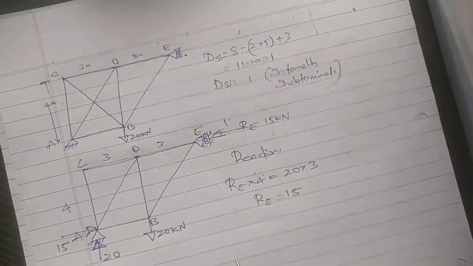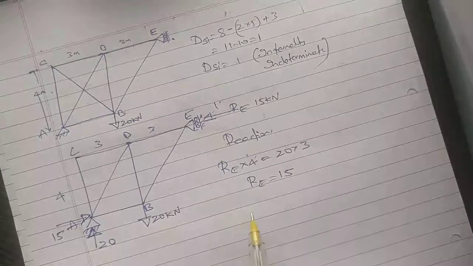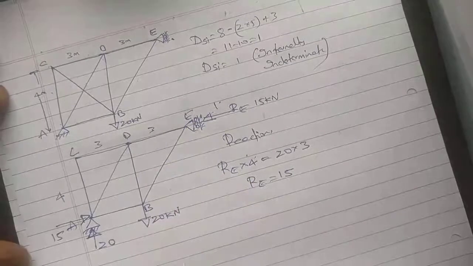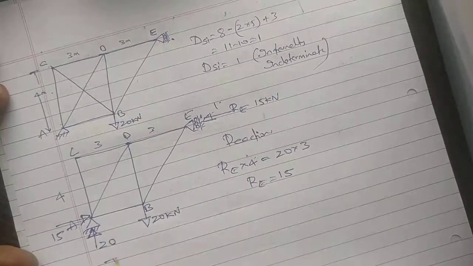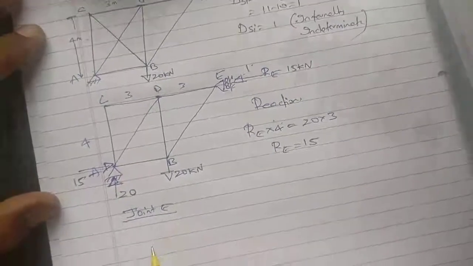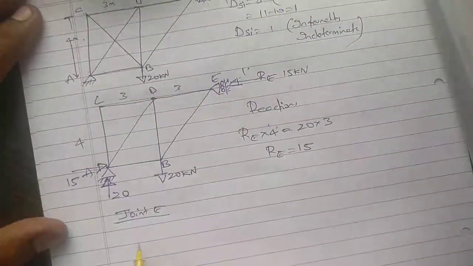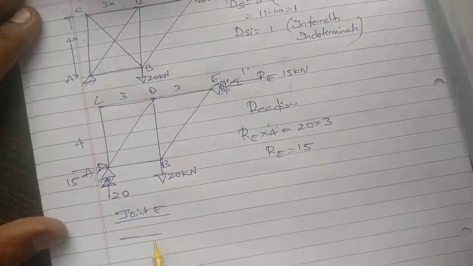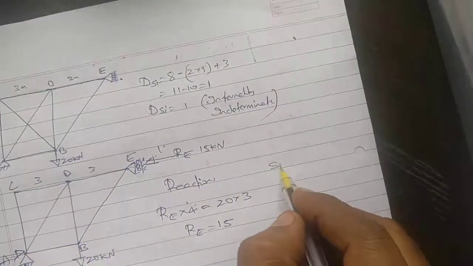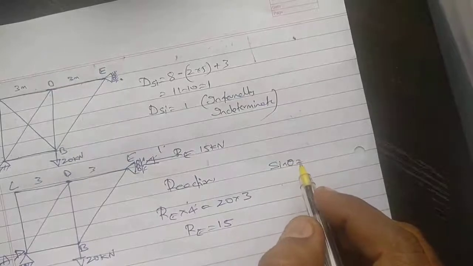You can start from any joint. Let us take this joint E. So you have this force. Now here we calculate sin theta. Sin theta is equal to opposite by hypotenuse.